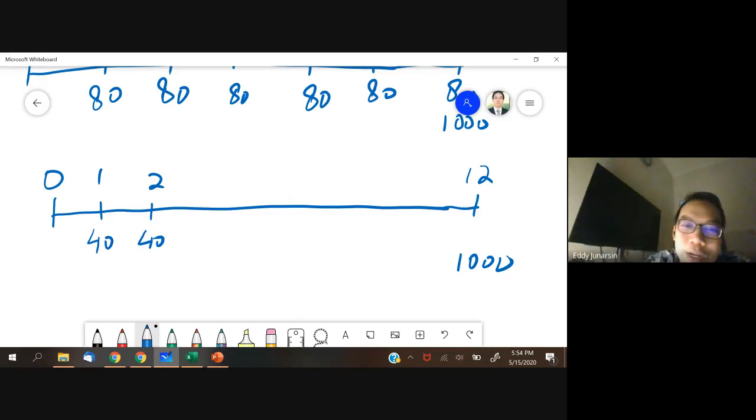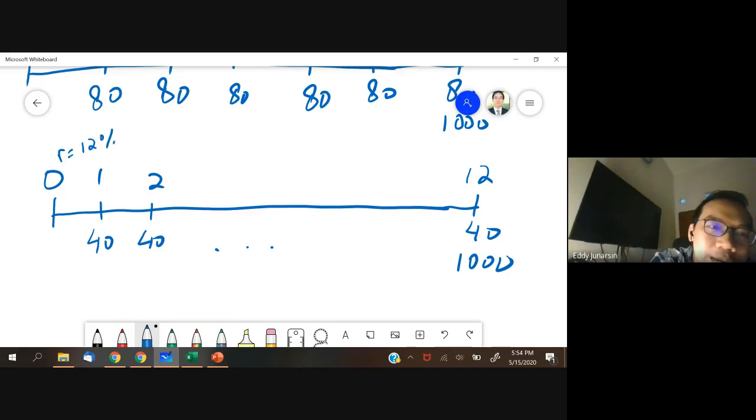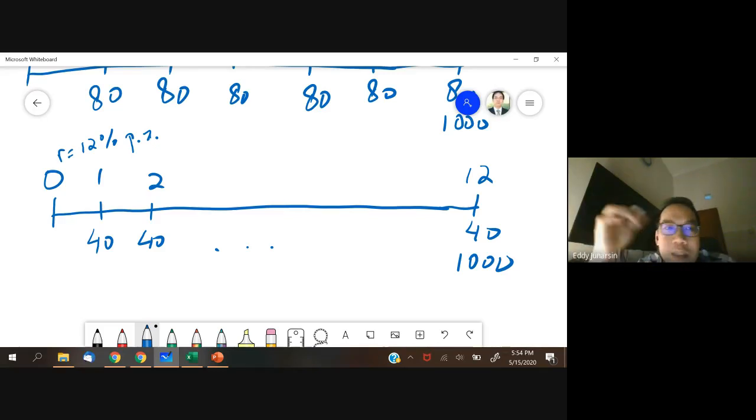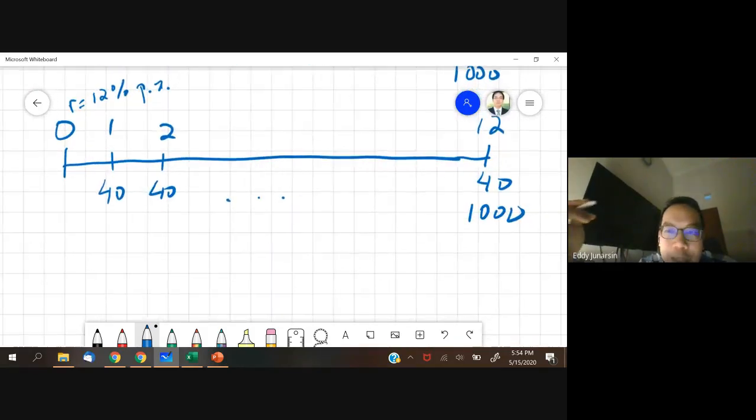So 40, 40, 40, and then 40 and 1,000. Now the market rate is 12% per annum. Be careful, per annum. So per semester, this would be 6%, right? So the market rate is 12% per year, the annual market rate.